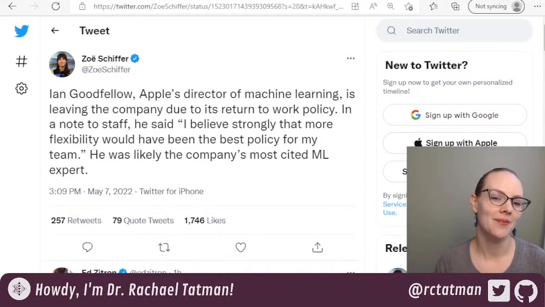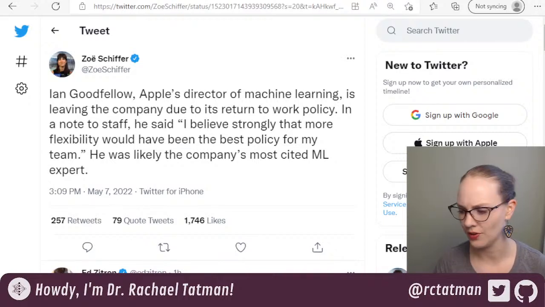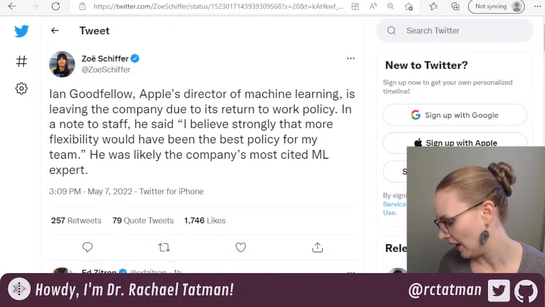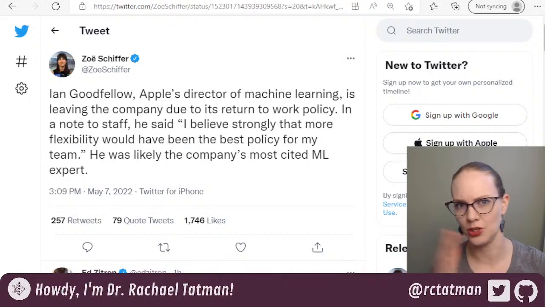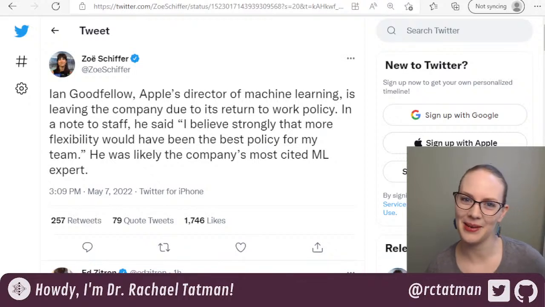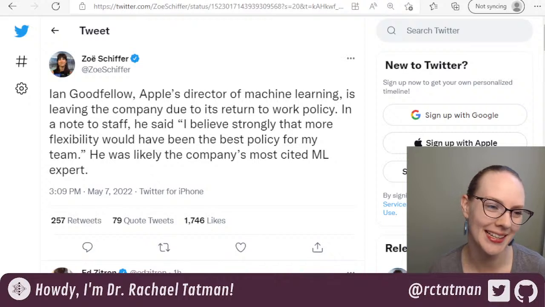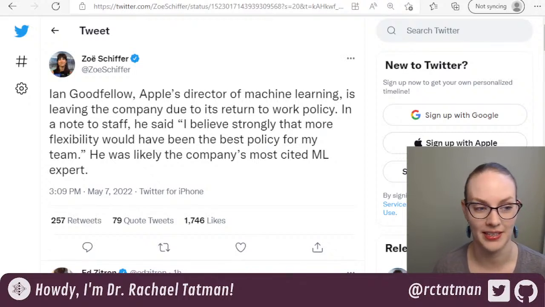Great. Anyway, this is just gossip that came up today, and that is that Ian Goodfellow, a very well-known machine learning researcher who went to Apple a while ago. And if you're not familiar with machine learning research as a field, an industry, Apple is notoriously tight-lipped. People who go work for Apple, you just don't hear what they're doing anymore, basically. So he's going to be leaving, and in a note to staff, he said, "I believe strongly that more flexibility would have been the best policy for my team."